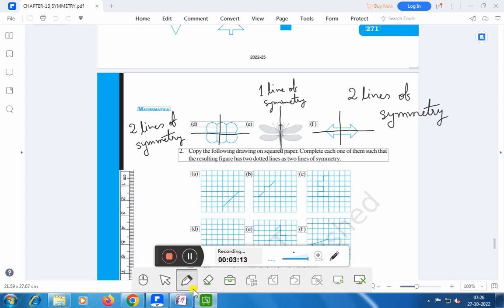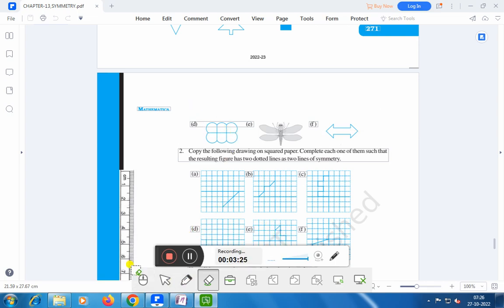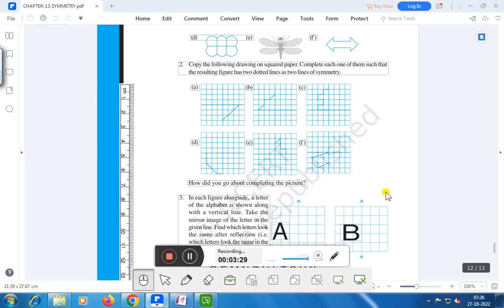Now question number 2. What is question number 2? Copy the following drawing on a squared paper and complete each one of them such that the resulting figure has two dotted lines as two lines of symmetry.